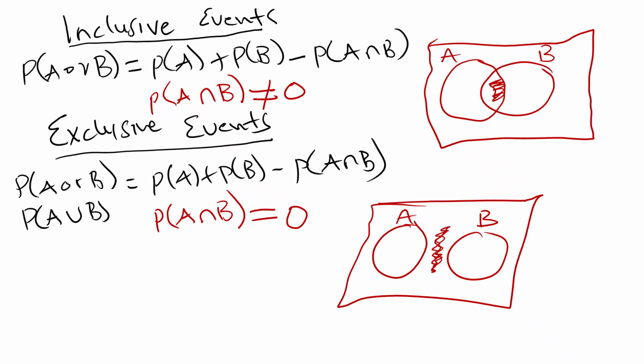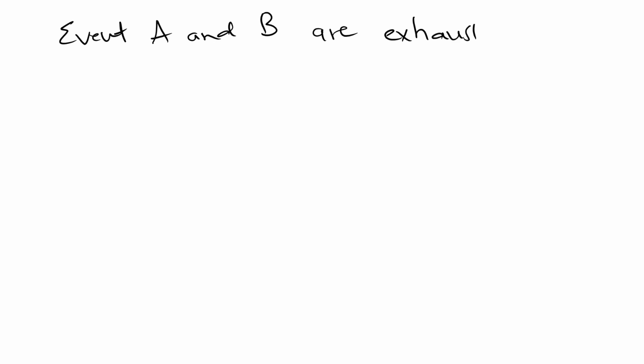So moving forward, events A and B are exhaustive if the probability of A or B is equal to 1.